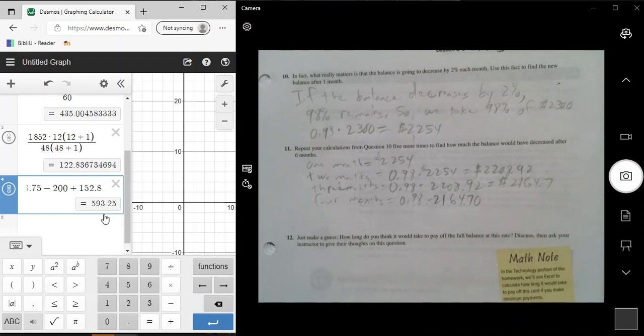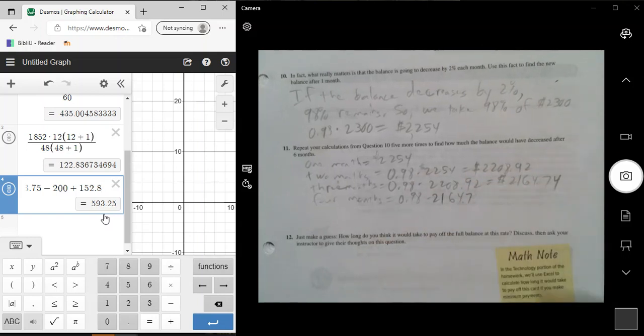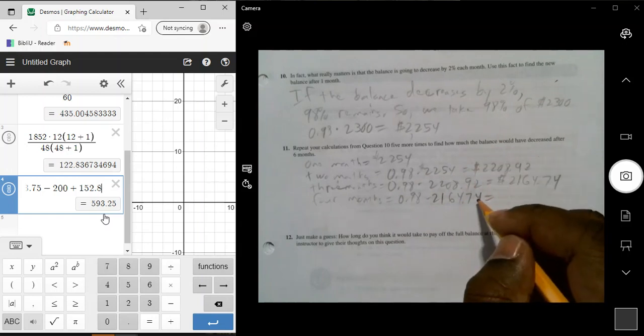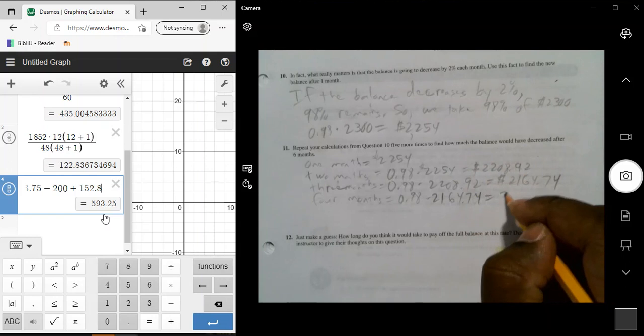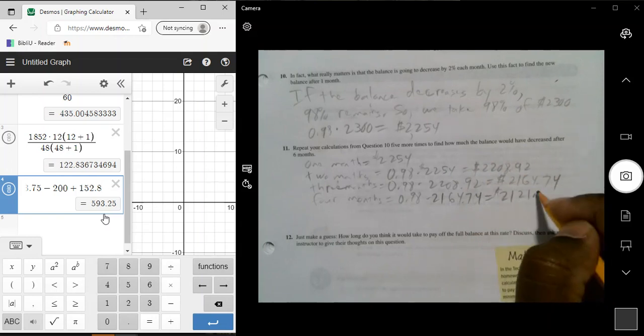Oh, that's supposed to be 74 cents, not 70 cents. All right, so that would give us $2,121.45.